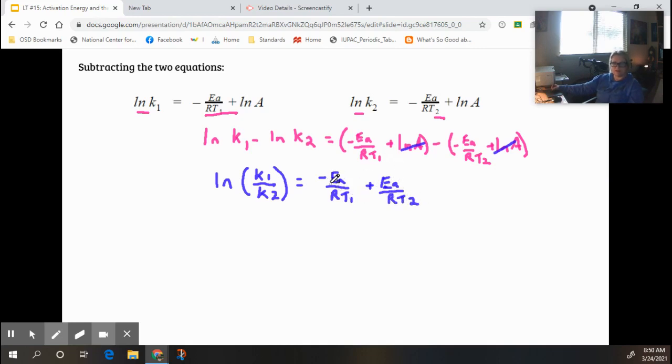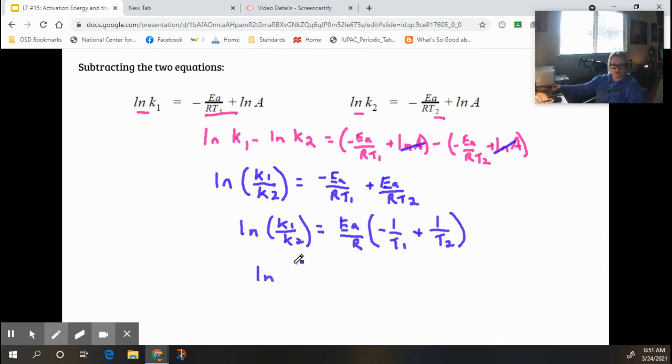Now I can see that there's a common factor in both of these expressions that contains activation energy and the universal gas constant, so I can factor that out. That'll leave me with the reciprocal of the first temperature negative plus the reciprocal of the second temperature.